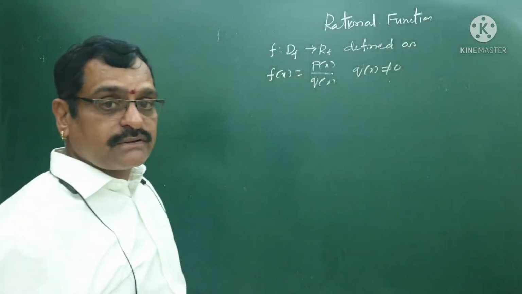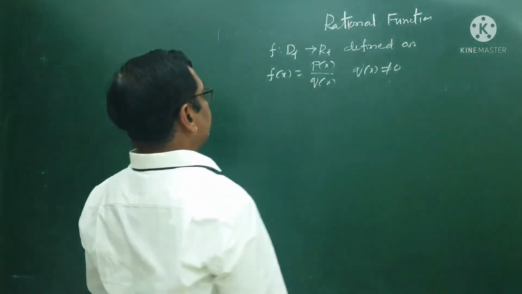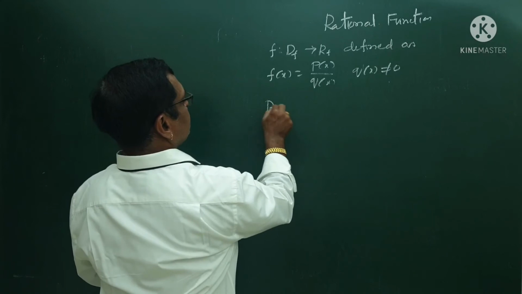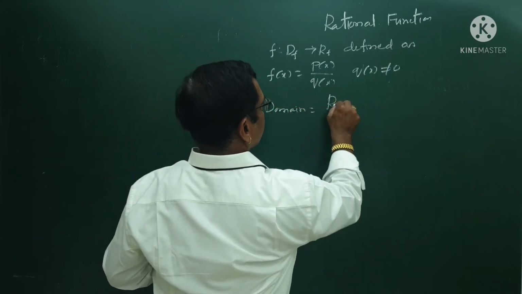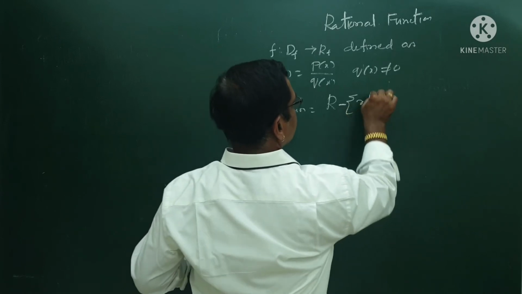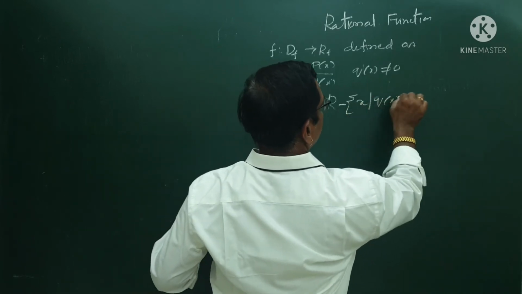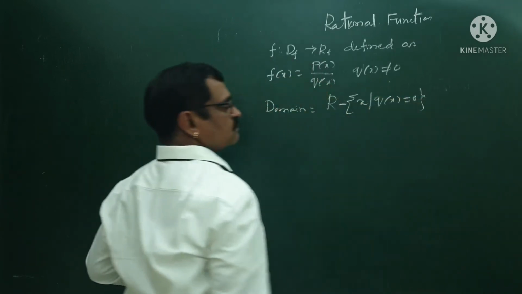It's very, very important. Then what is the domain? My domain is equal to R minus the set of x such that q of x is equal to 0.